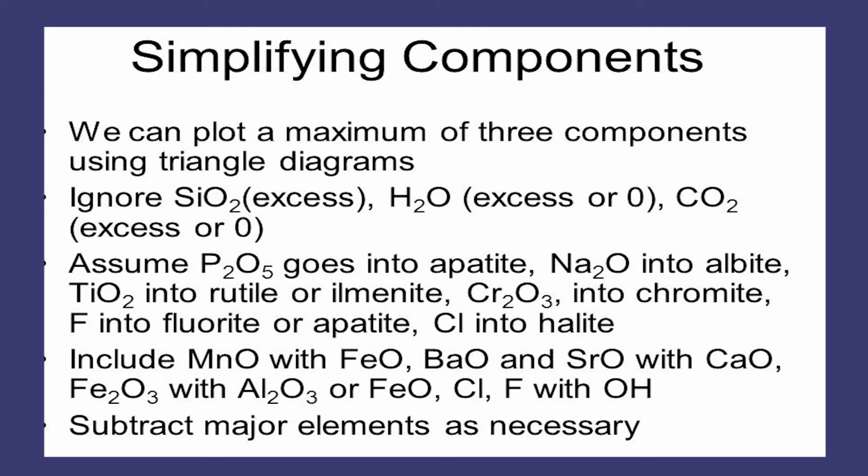Assume P2O5 goes into apatite, Na2O into albite, TiO2 into rutile or ilmenite, Cr2O3 into chromite, fluorine into fluorite or apatite, chlorine into halite. Include MnO with FeO, barium oxide and strontium oxide with calcium oxide, Fe2O3 with Al2O3 or FeO, Cl and F with OH. Subtract major elements as necessary.